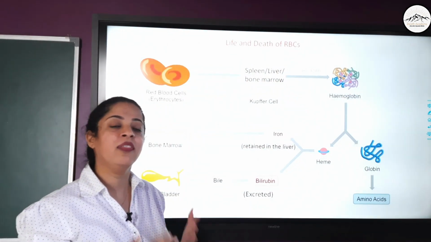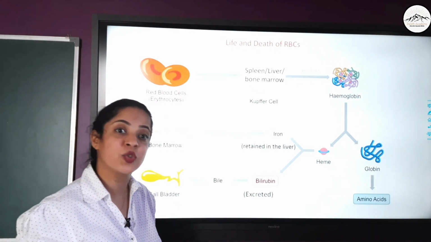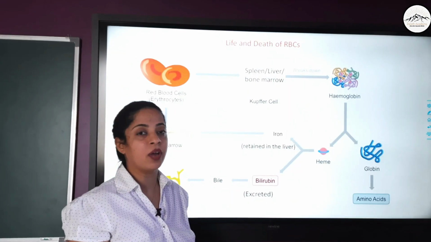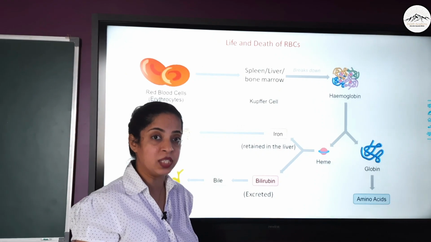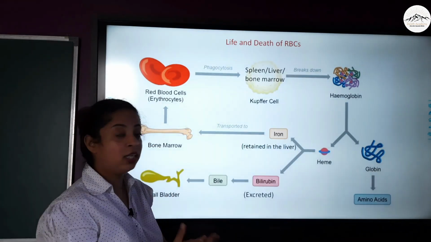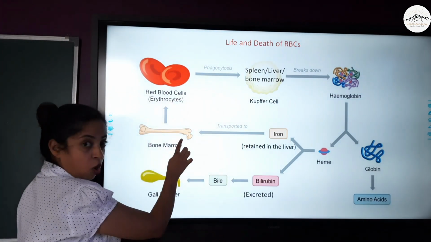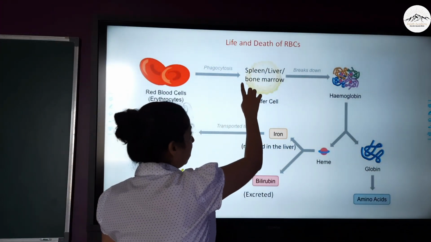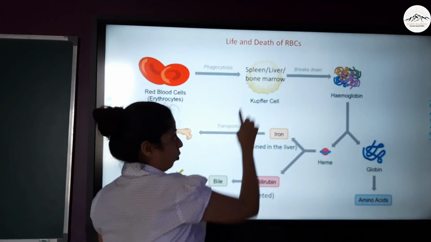They remain in the blood for around 120 days, after which they are destroyed by a process known as phagocytosis. We will read about phagocytosis in our next lecture, where we will study WBC in detail. Right now remember that RBCs are formed in the bone marrow of long bones, remain for 120 days, and then are destroyed in spleen, liver and bone marrow.